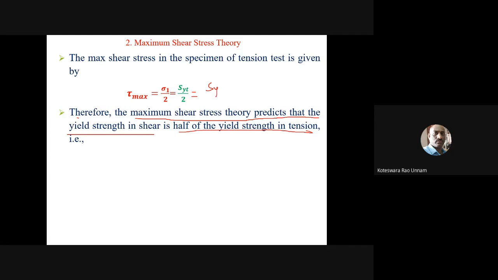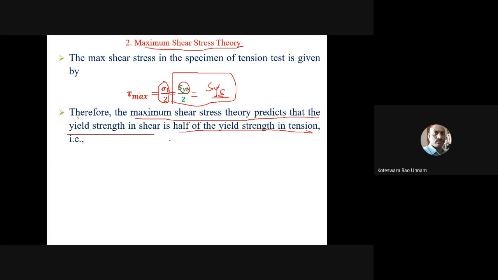So SY stands for yield, S for shear. Yield strength in shear is half of the yield strength. That's what we have written in this statement. If you take some other failure theory, it will predict in a different manner. Only this is true for the maximum shear stress theory: SYT by 2 is the yielding shear strength for the material.